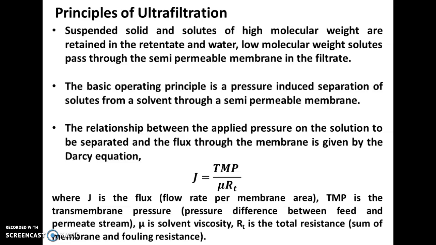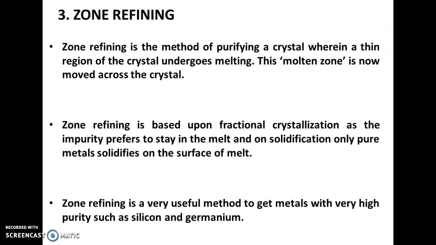TMP is the transmembrane pressure, that is the pressure difference between the feed and the permeate stream, and mu is the solvent viscosity. RT is the total resistance, that is the sum of membrane and fouling resistance.